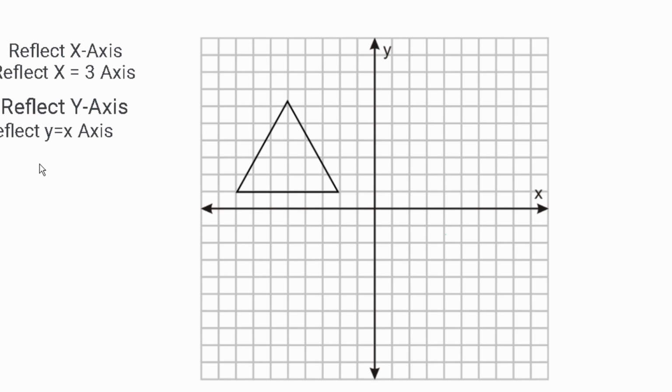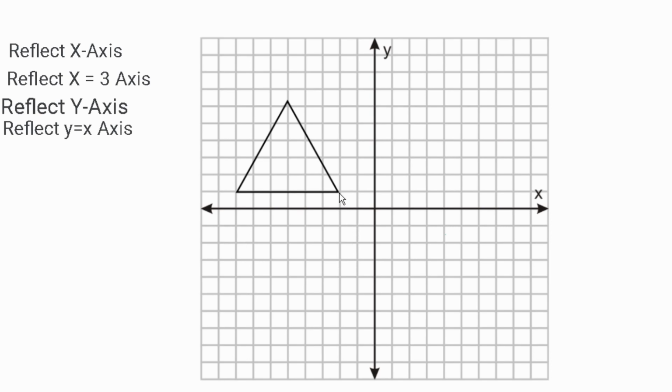Alright, so first we got the x-axis. This little line right here that's going horizontally is the x-axis. It's the horizontal line, and it's also denoted by an x on this one. It may not be on other ones, but it's going to be today.